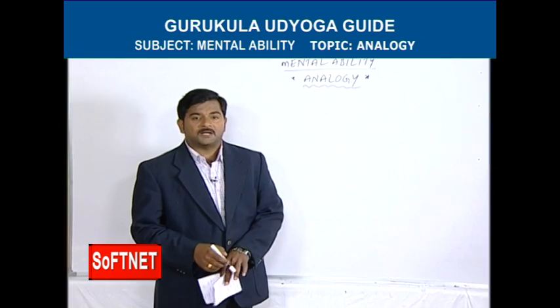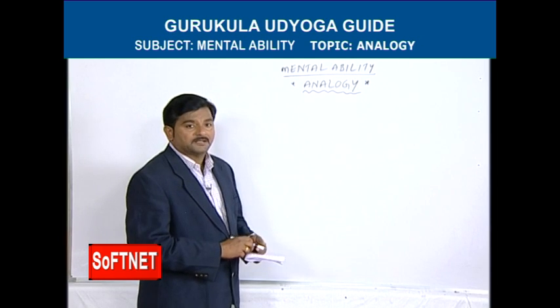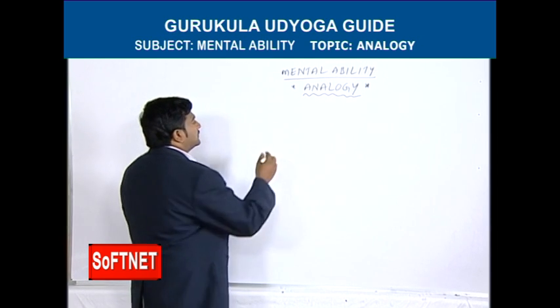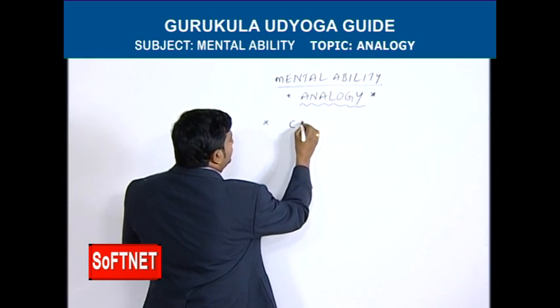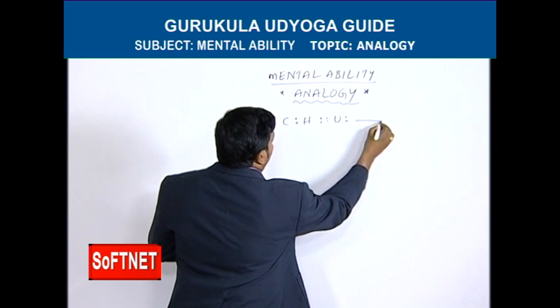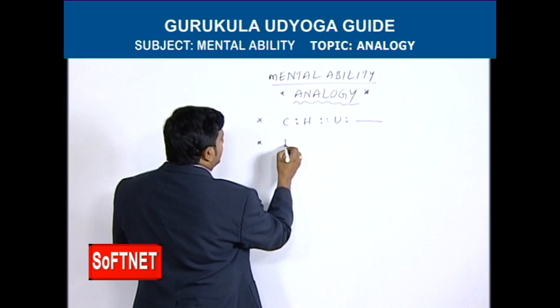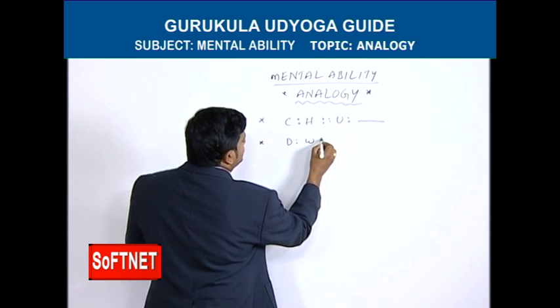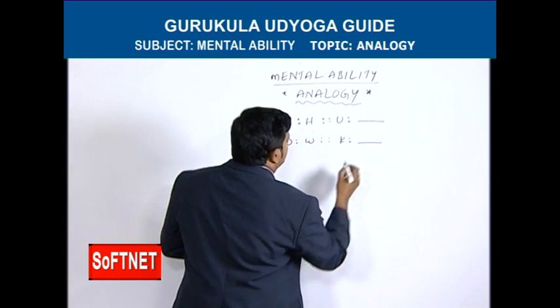We will discuss about letter analogy part. Let us start by taking some examples regarding letter analogy. So now the question is as follows. Let's say C is to H as U is to dash. That is one question. And the next one is D is to W as K is to dash.